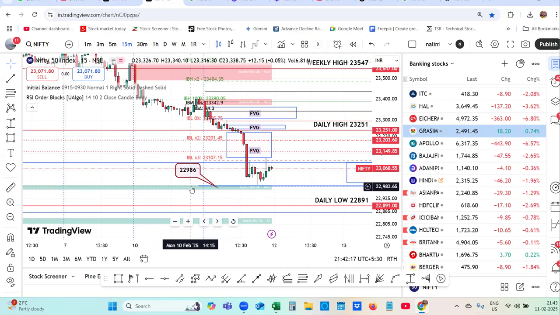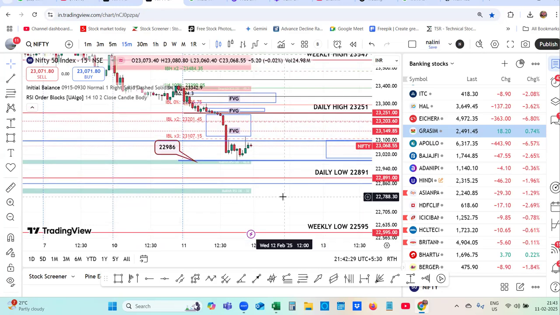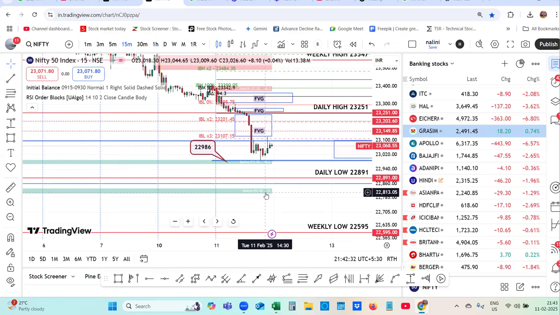These order blocks will be taken off because they will be mitigated. Once they are mitigated, the price will travel to the next order block. You can clearly see the next order block support for Nifty is around 22,830.